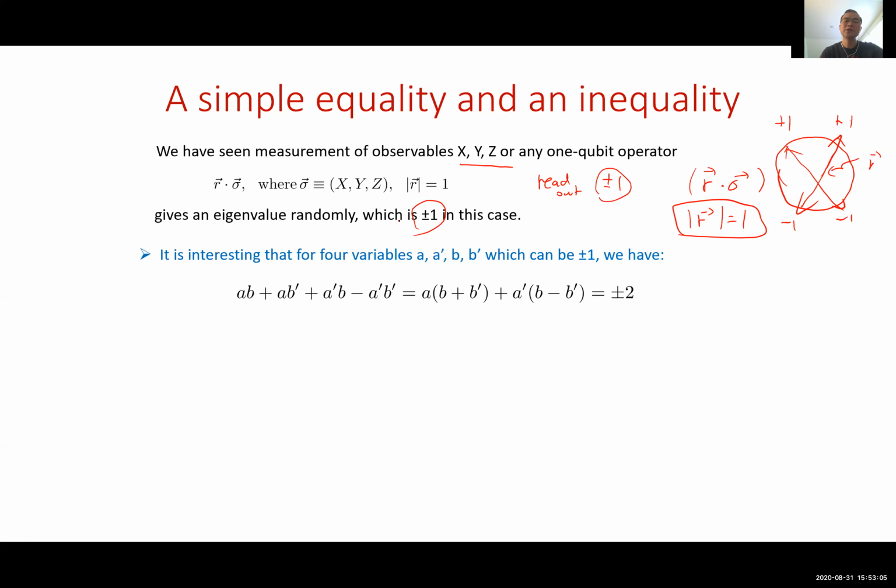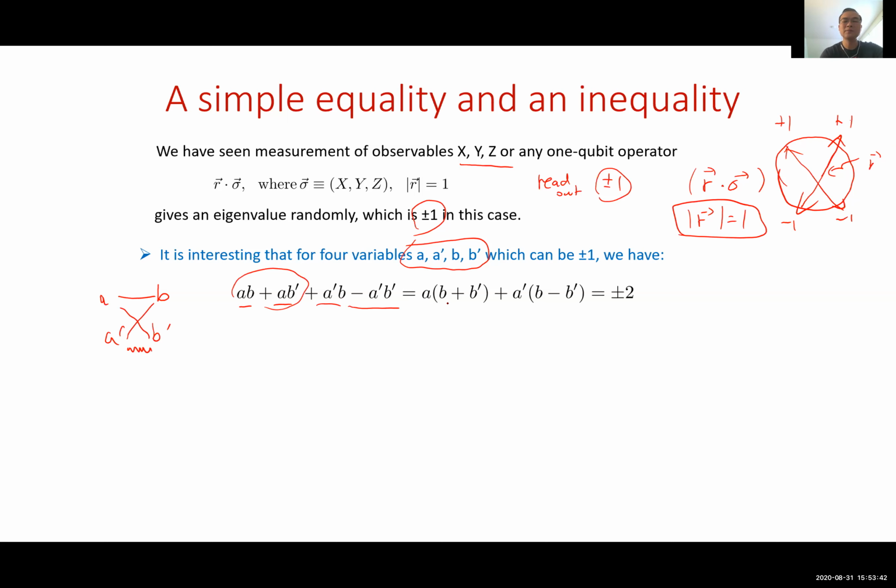So there's an interesting mathematical formula. Suppose I have 4 variables, a, a prime, b, and b prime. They can only be plus and minus 1. I want to consider this combination, AB plus AB prime plus A prime B minus A prime B prime. And you can just combine these.